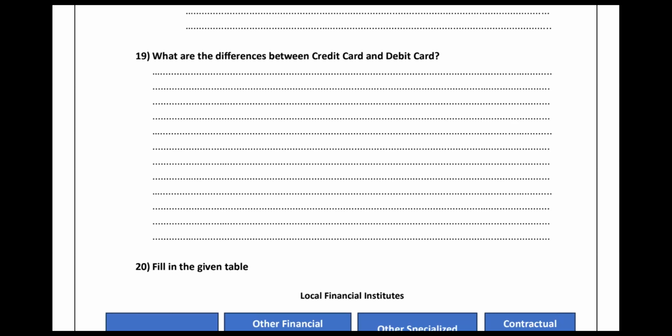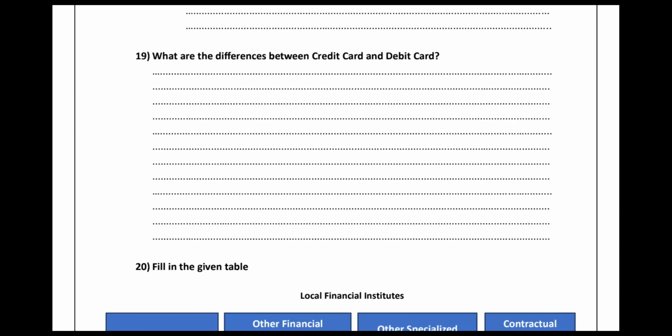What are the conditions? I'm going through other areas which are not related to the question, but it's important. One thing is you should have a fixed monthly income or a salary. The bank will decide the limit, let's say it's 20,000. The next condition is you should be above 18.